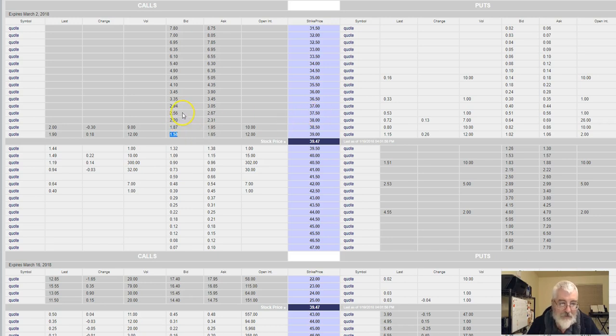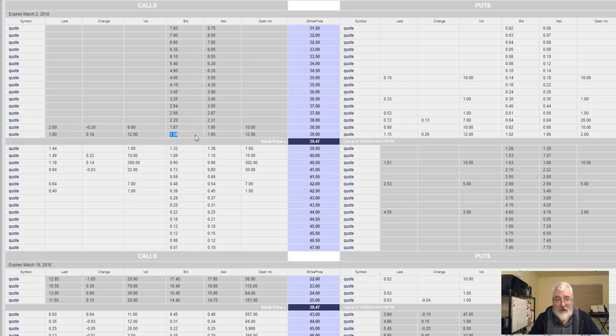The difference between 37.5 and 39.5 is $2, and the price of the option goes from 158 to 258, which is a dollar move here. So what you have to lock up is $158, and you might make close to a dollar on that 158.